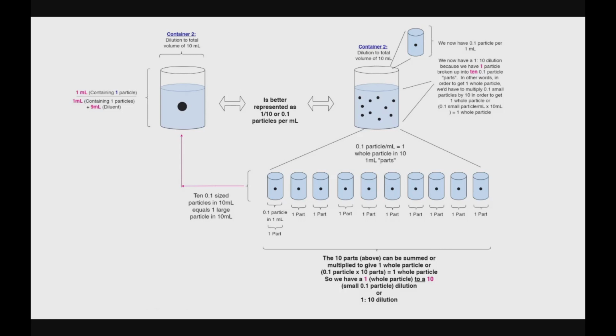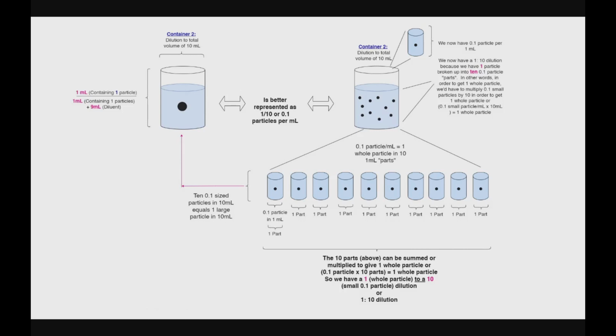That is why I have the particle on the left bigger, and the particles on the right in the other container, which is still container 2. I represented that one big particle as 10 smaller particles, and each of those smaller particles is 0.1, whereas the size of that one particle will represent 1.